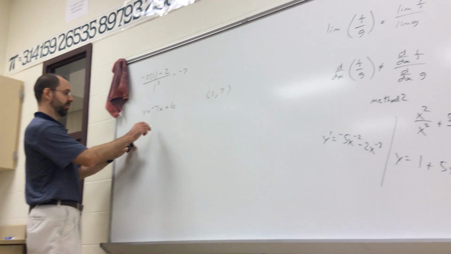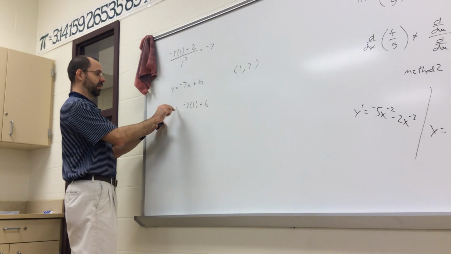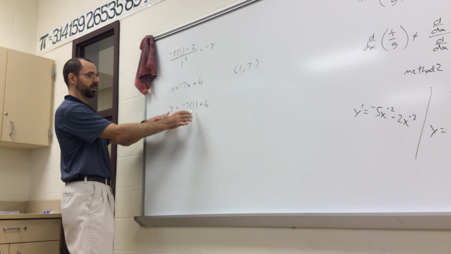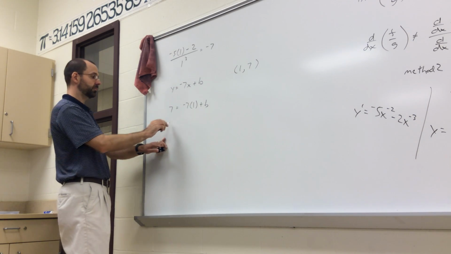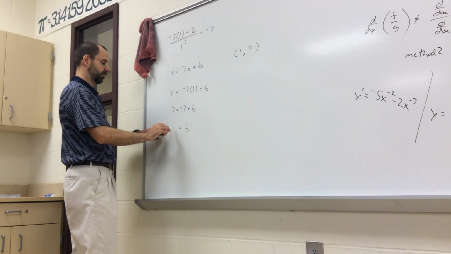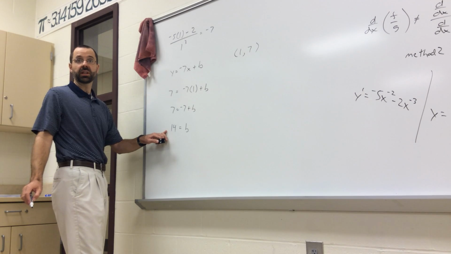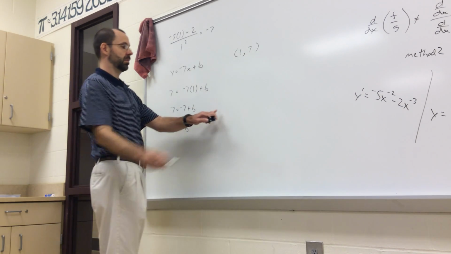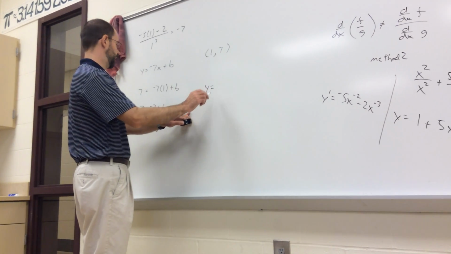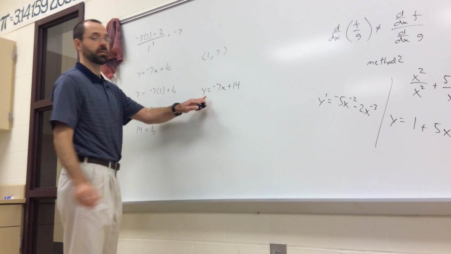Okay, so now I can figure out the b, if I put a 1 in for x and a 7 in for y. So the y-intercept comes out to 14. So the final answer for the equation of the tangent line is y equals -7x plus 14.